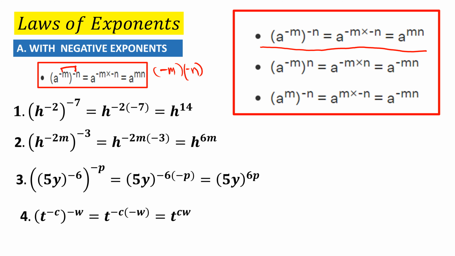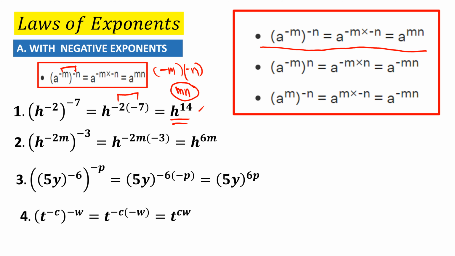And thus, we have the idea that if we multiply both negative numbers, we will come up with a positive product. So same process, we just simply multiply the inner and the outer. So we have number 1, 8 to the negative 2 to the negative 7. Of course, multiplying both negatives, we have 8 to the 14.